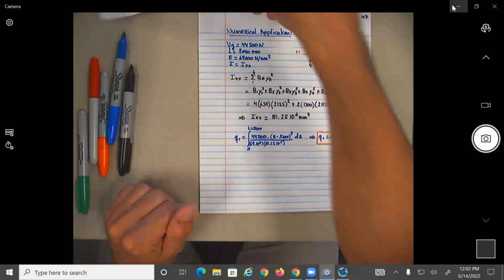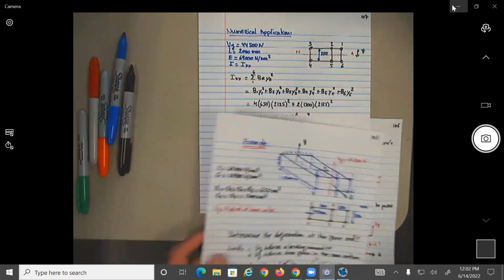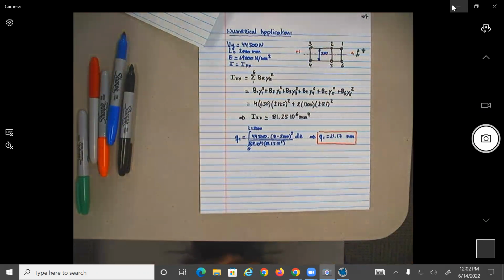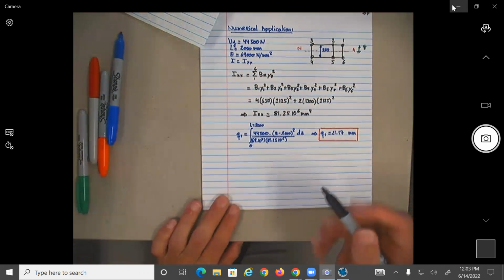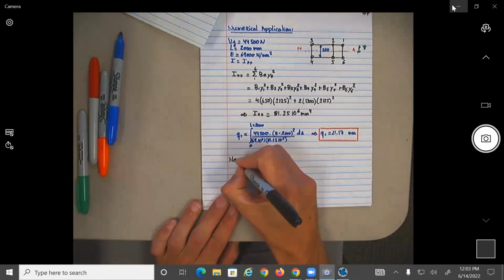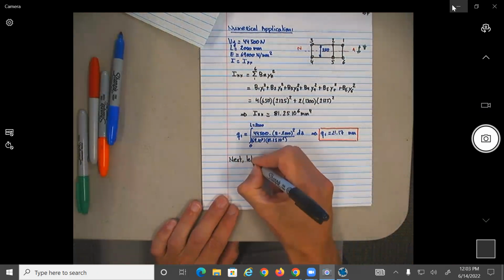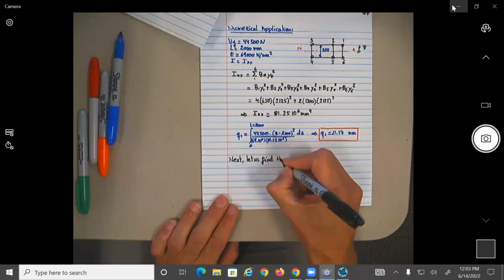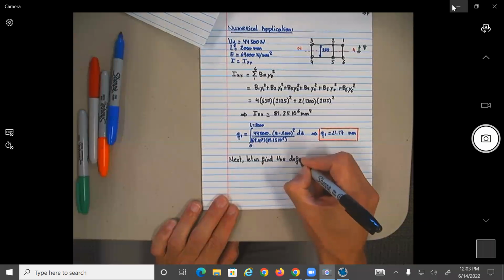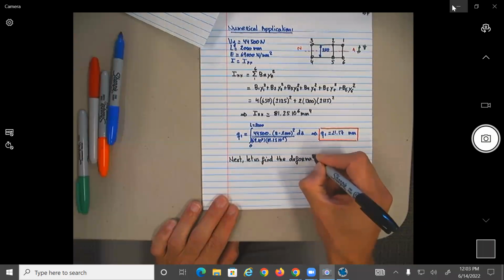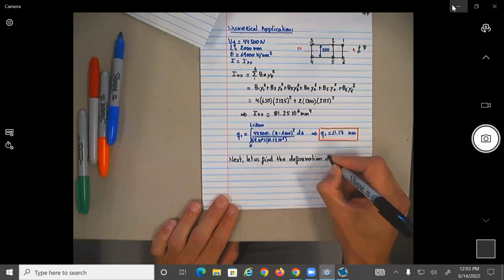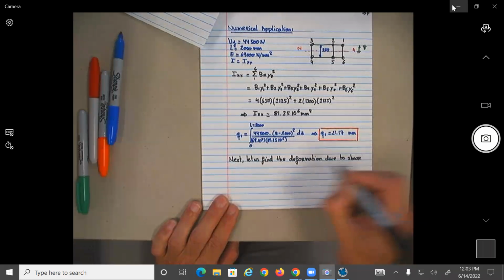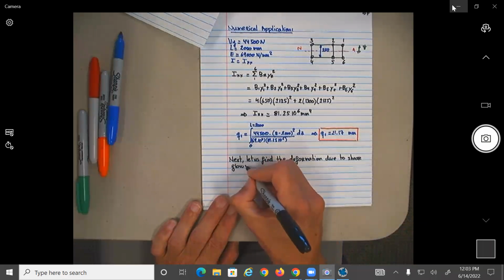This is giving me an idea for the exam. All right, so we did the one for the bending. So next, let us find the deformation due to shear flows.